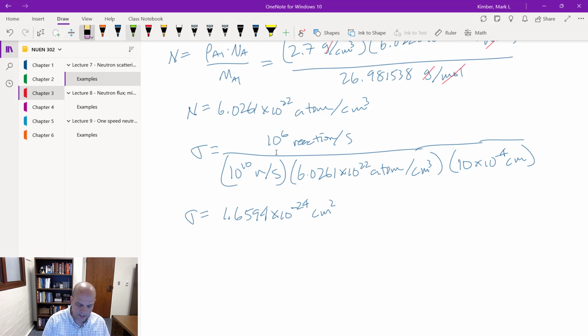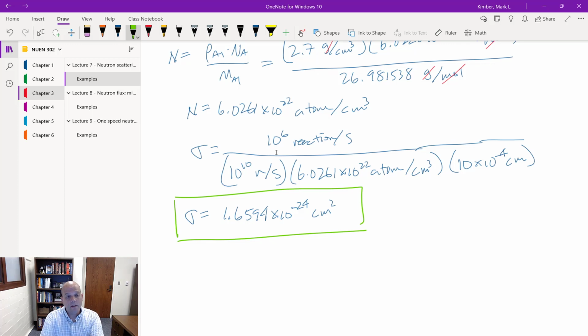So what does that mean? It's a unit of area, but it's also related to the probability that an event's going to take place. You can only take this analogy so far, but it is useful in many contexts, I guess, to think of this on the order of the size of the nucleus itself.